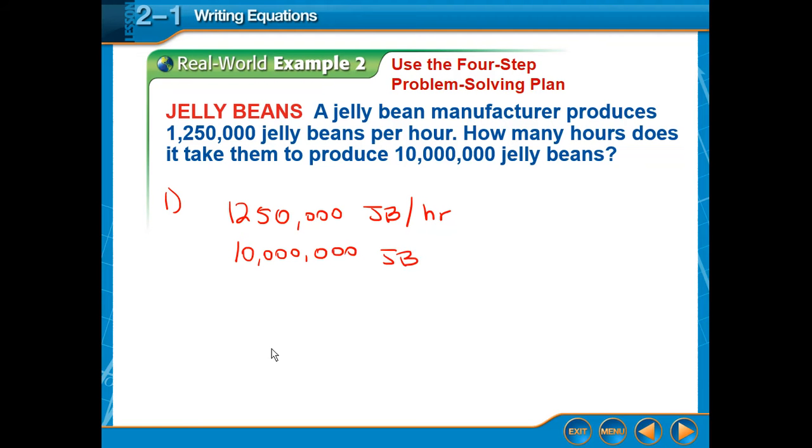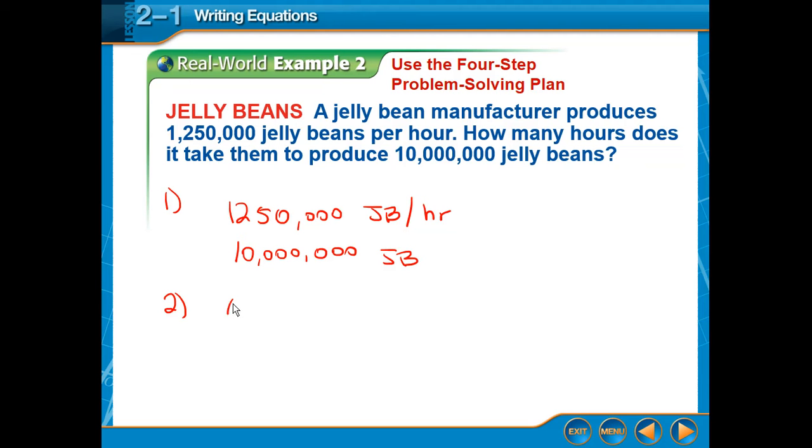Okay, so our second step is to come up with a formula or some way to solve this thing. Okay, so if we have, this is a rate. So rate times time is going to give us the number that we have.